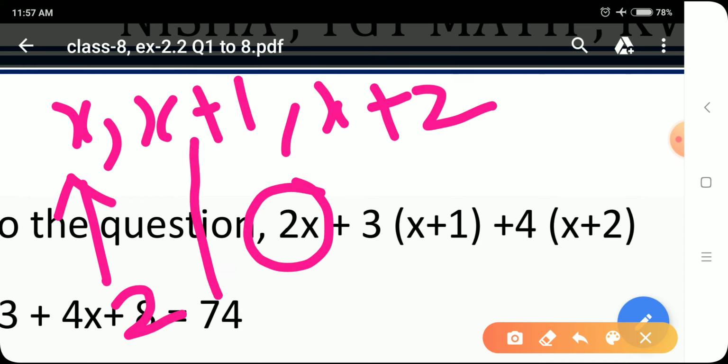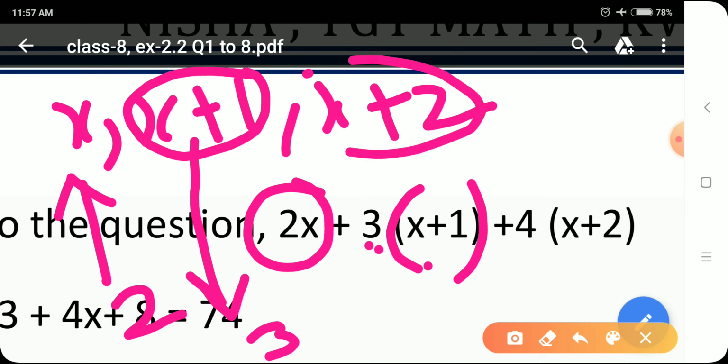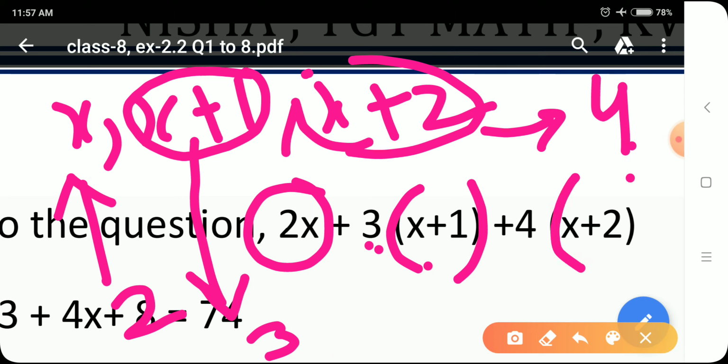The second number is multiplied by 3, so 3 is multiplied by x plus 1. The next number is x plus 2, multiplied by 4, so you will write 4 and in brackets x plus 2.